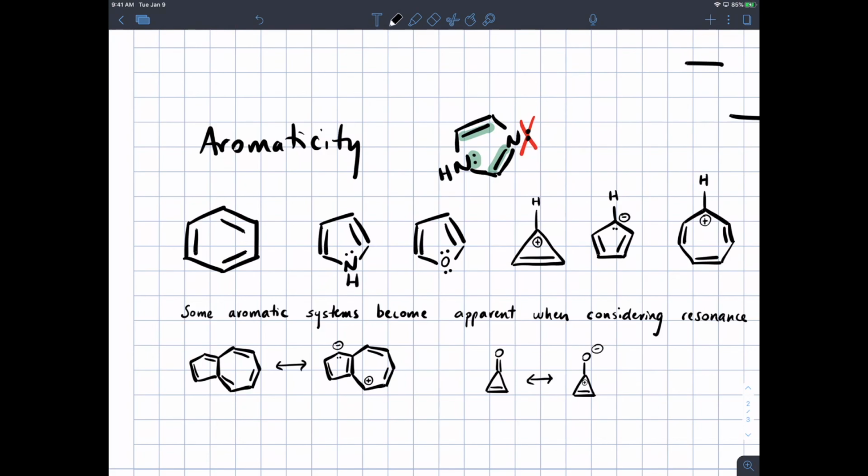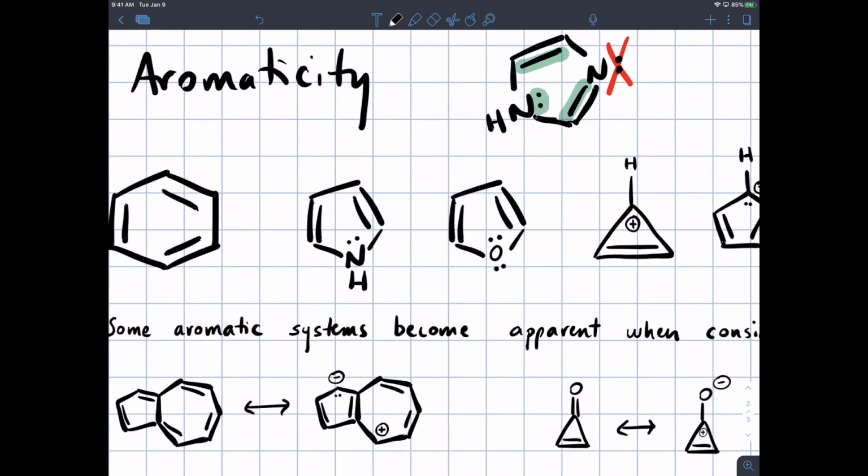Since that nitrogen is involved in a double bond, the p orbital is already accounted for. The lone pair has to be in an sp2 type orbital, pointing out into the surroundings. It cannot align with the pi system, so it cannot participate. Oxygens are tricky too with furan. Why don't we count both lone pairs? Same reason, right? Okay.